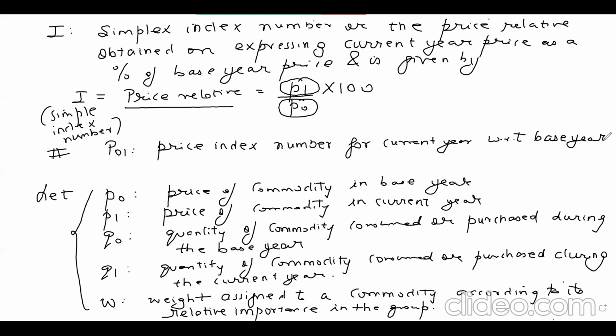P10 will denote the price index number for the base year with respect to the current year. So P01, I'm repeating, is the price index number for the current year with respect to the base year. P10 is the price index number for the base year with respect to the current year.